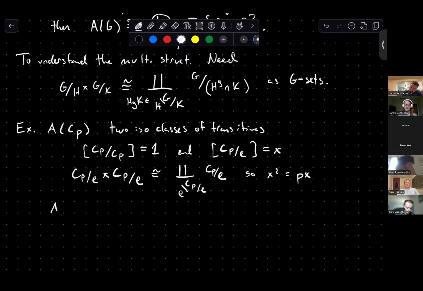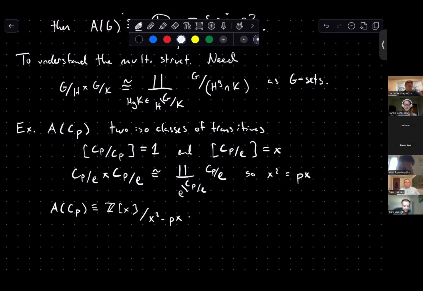And so the Burnside ring of CP is isomorphic to Z adjoin X mod X squared minus PX. In particular, it's rank 2.